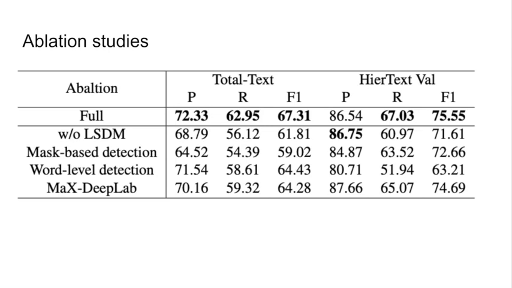In the ablation studies, we study the effectiveness of the location and shape decomposition module and the design choice of using polygon instead of mask-based detection, and also using line-based detection instead of word-based detection.